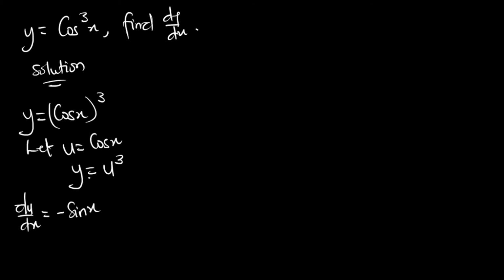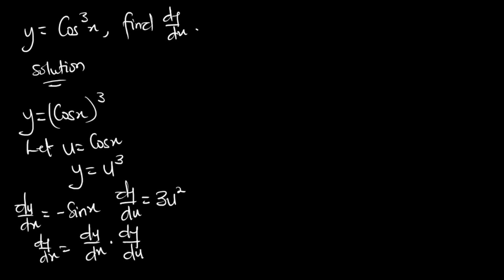Alright, now if we differentiate y is equal to u³, we get what? dy/du to be equal to what? If we differentiate u to the power 3, we get what? 3u². Okay, so from here it means our dy/dx is just the product of these two differentiations, which is what? du/dx multiplied by what? dy/du.